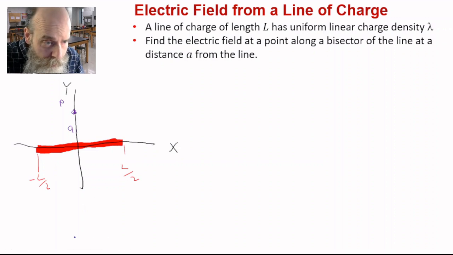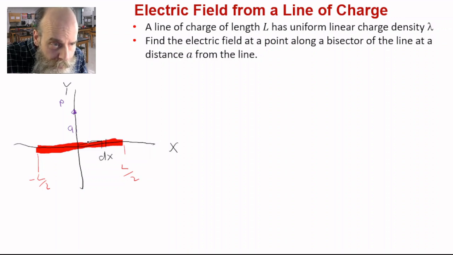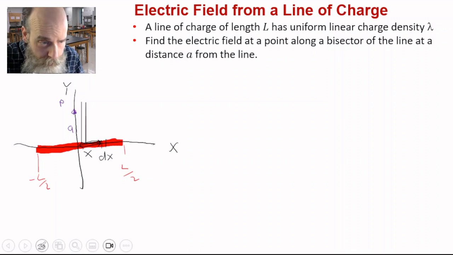As we did before, we divide our line of charge into little lengths of charge dx. Here's a dx, and this length of charge dx is at a distance x from the origin.